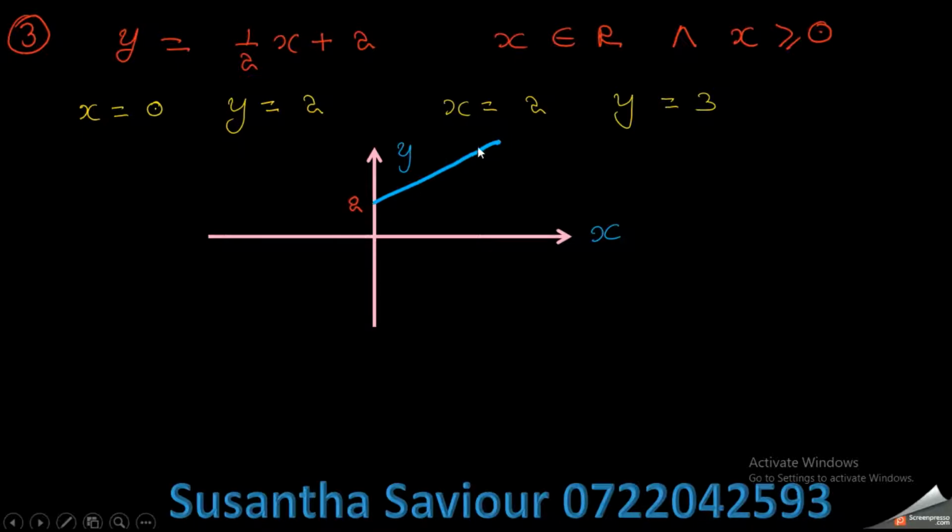All the values of y are greater than or equal to 2. So the domain of this function is x greater than or equal to 0, and the range of this function is y greater than or equal to 2.